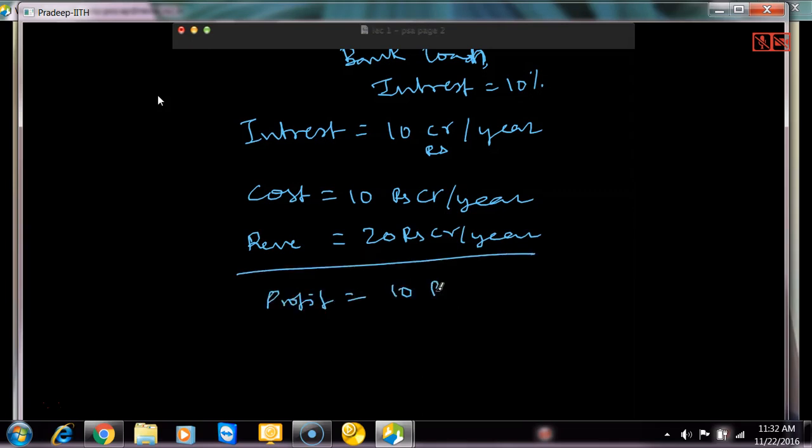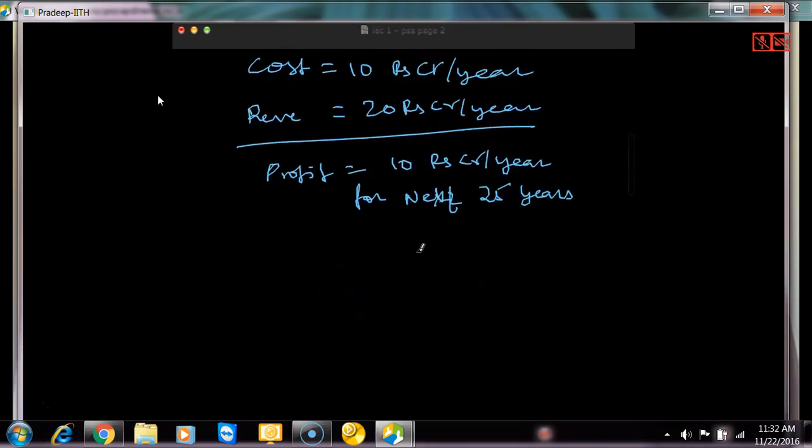So it will be crores per year, and this will be for the next 25 years, because typically the age of this transmission tower is about 25 years. So based on this, now you can see that it is very good to go for new transmission lines.